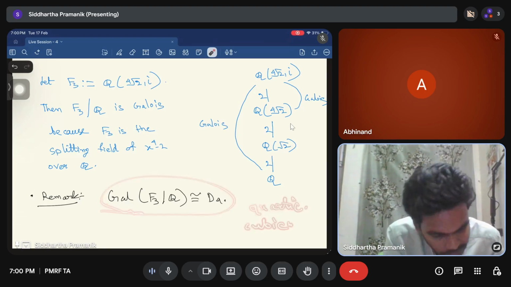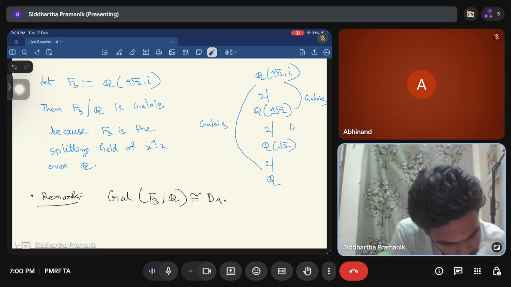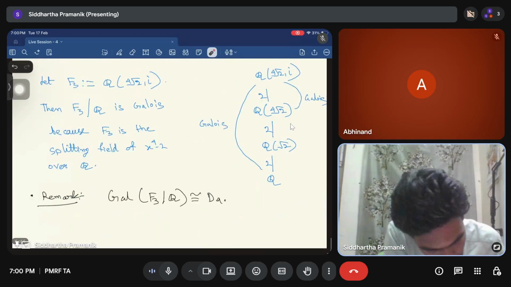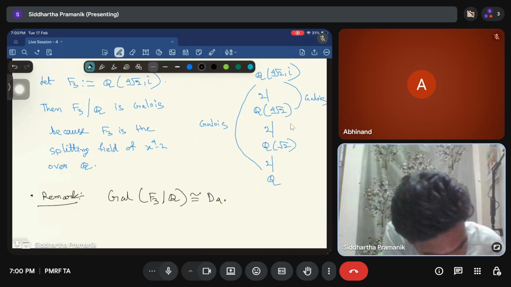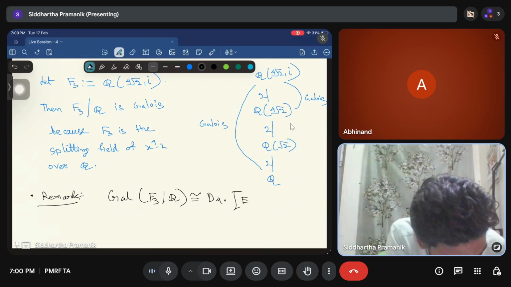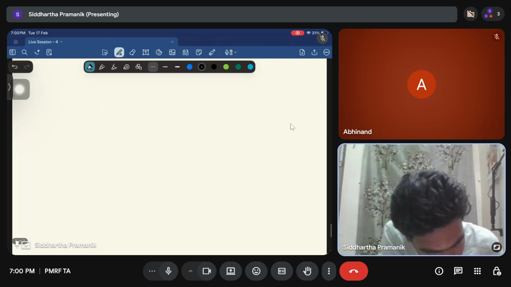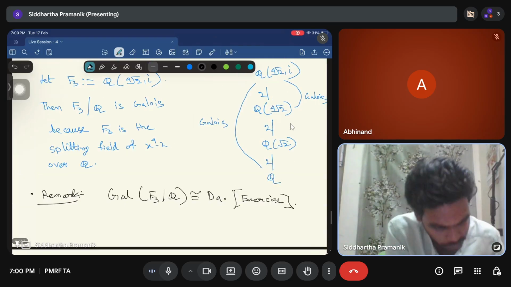But in this example, you can do it just manually. You don't need any other tool. So you just try to verify this. And if you are not able to do it, you can let me know. Maybe in the next class, I will help you. So this will be a good exercise.